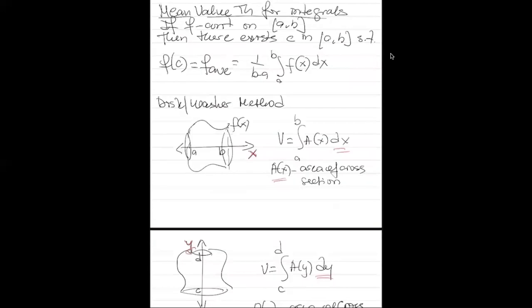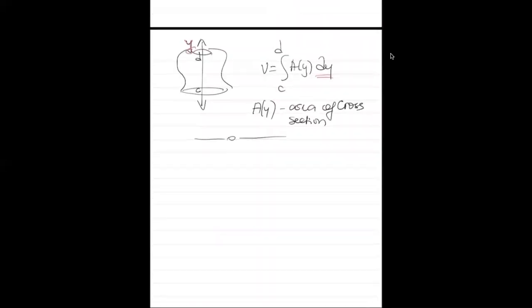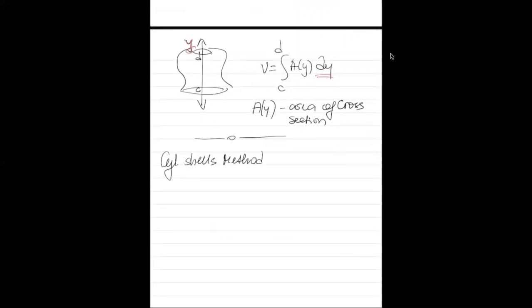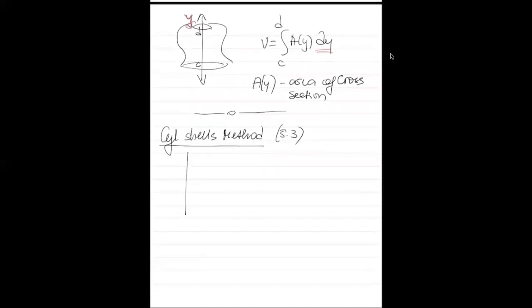That was 5.2. And then we have the cylindrical shells method, 5.3. So we want to distinguish. There are many cases where you can use either one, but there are some cases where you have to use one or the other. So here I have some kind of graph. I'm rotating it.